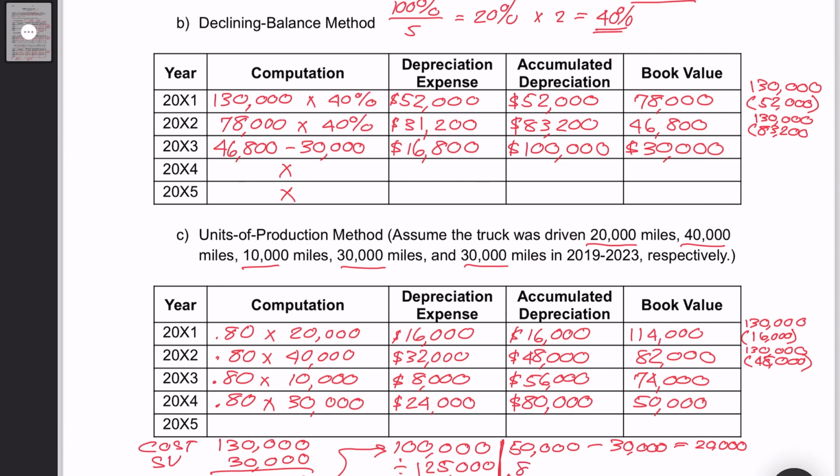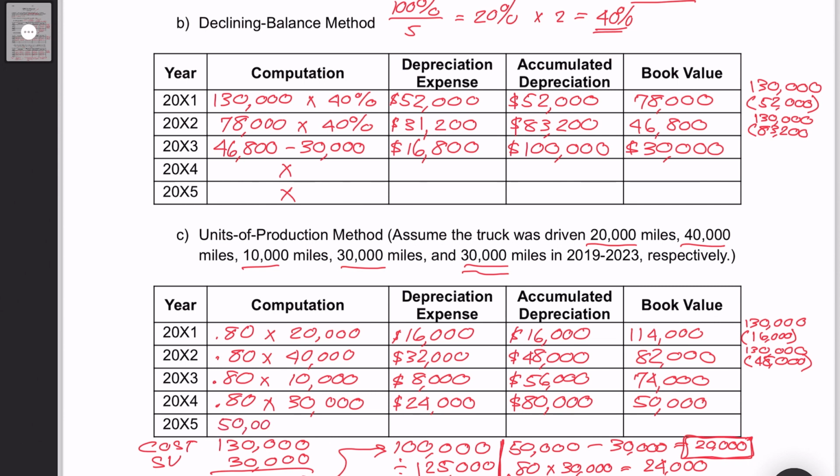Now, if I looked at the mileage, we have 80 cents is our rate multiplied by our 30,000 miles, which is this second 30,000 miles up here, which is going to give us $24,000. In this case, I have to evaluate which one is the lesser. I have to take the lesser of these two. So I'm going to go ahead and take this $20,000. So that's the math I'm going to show in my computation.